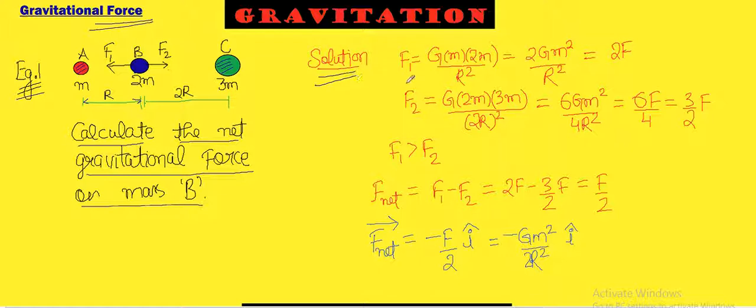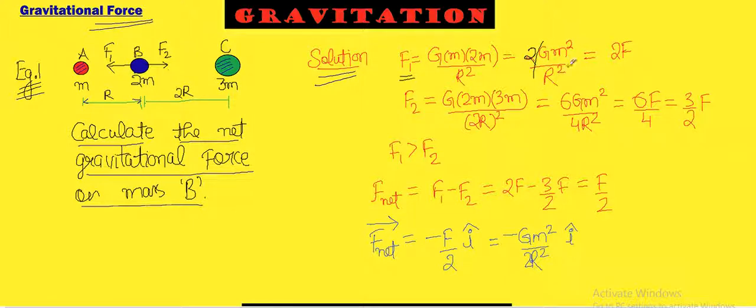Now let's calculate the magnitude of both the forces. F1 will be equal to G m1 m2 by r square. Calculating this gives me 2Gm square by r square.